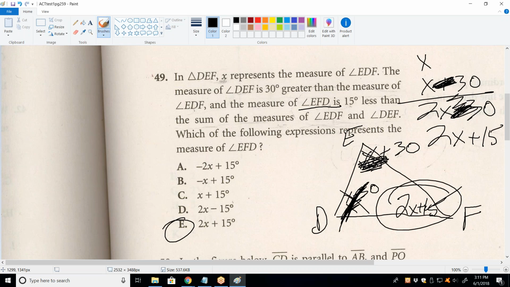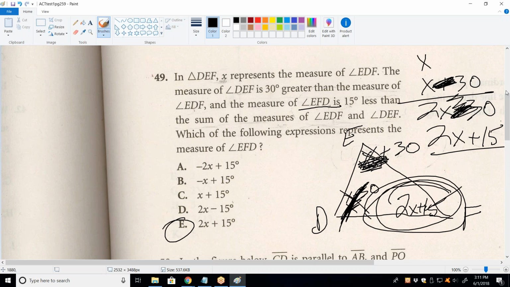So now I got an x and an x plus 30, and I'm basically done with the problem. The other angle is the sum of those two, which is 2x plus 30 minus 15 gives you 2x plus 15.